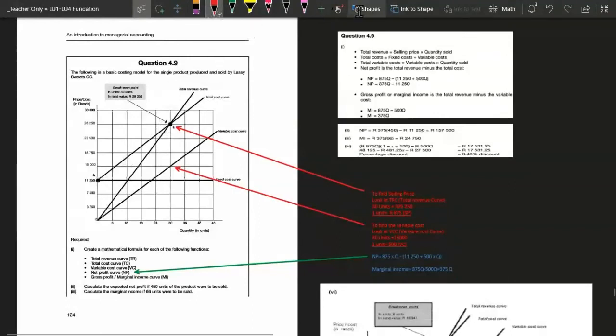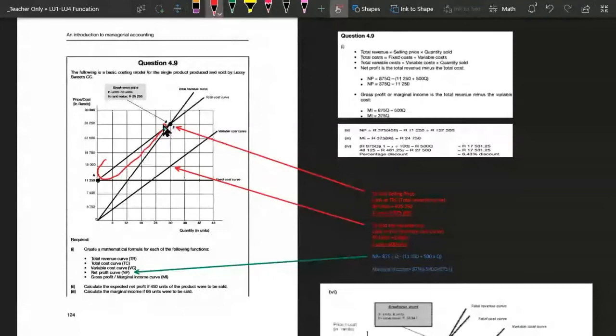Okay, if maybe some of you will not see this, I'm going to show it to you here. This is the total cost line.